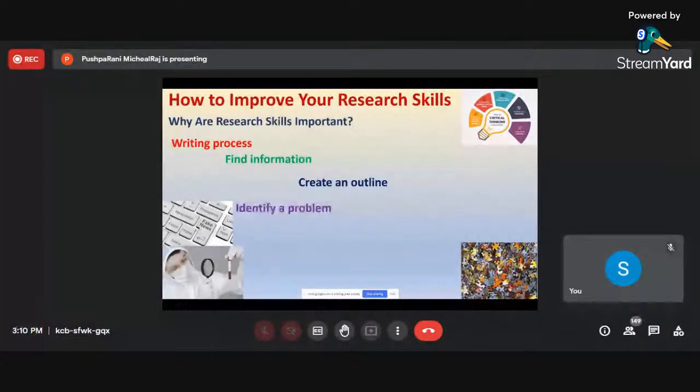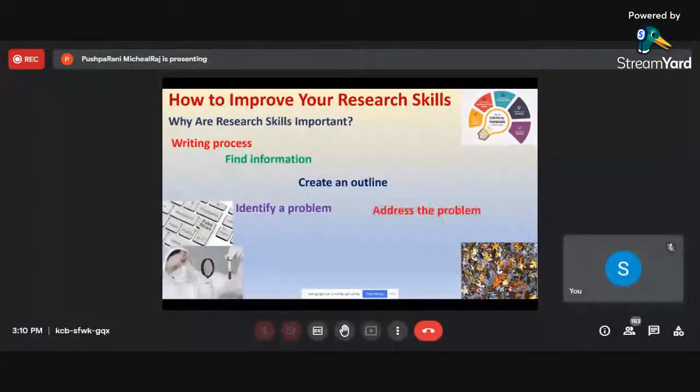So identify the problem. When you do research or you have a particular question, you will have a lot of problems, and you have to identify the problems, which are called sub-questions. When you identify the problem, you will arrive at sub-questions. Those sub-questions ultimately answer your main question.